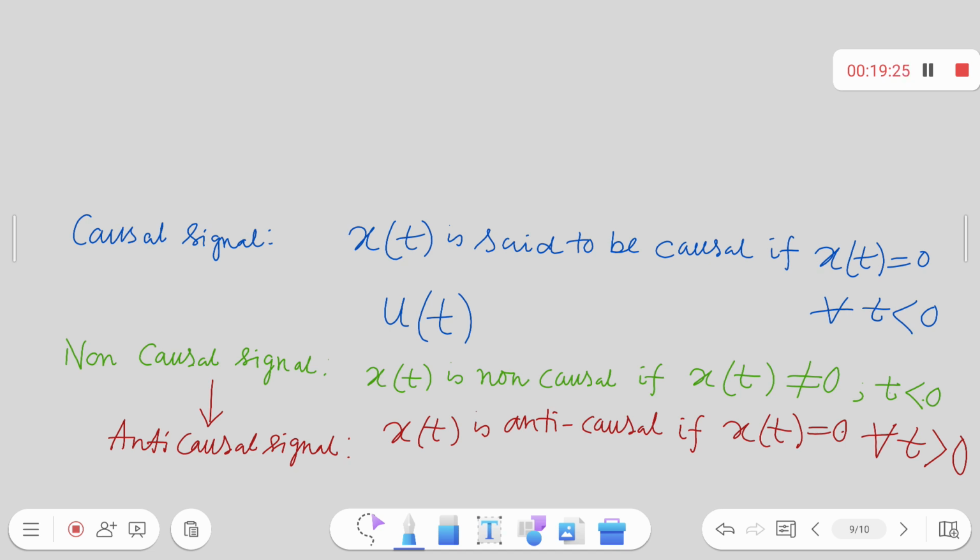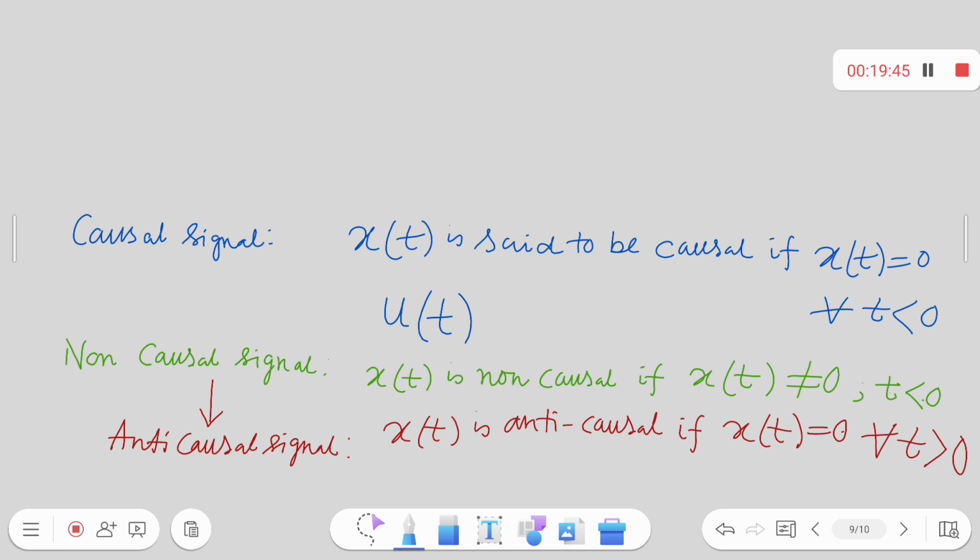And what is non-causal? Non-causal is basically the mixture. So I can't say for all t less than 0 this is 0, or for all t greater than 0 this is 0. That means the non-causal signal will be there for t less than 0 as well as for t greater than 0. Right?